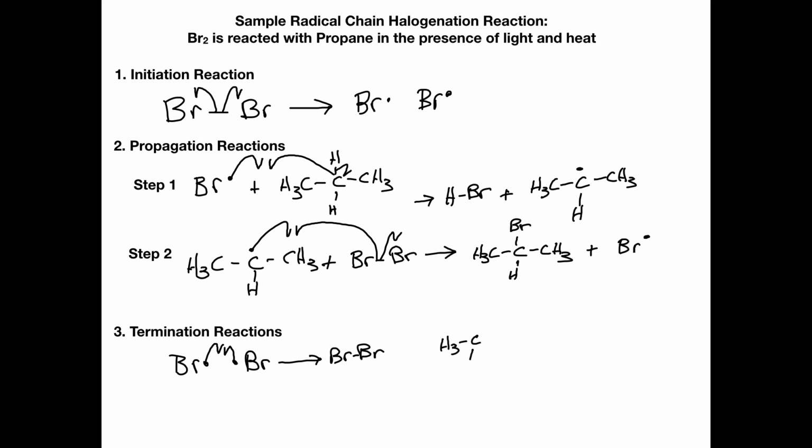Let's assume that one of the propyl radicals that we generated happens to be nearby a bromine radical. Again, those two could come together, and when they react, we generate a new product that does not have an unpaired electron.